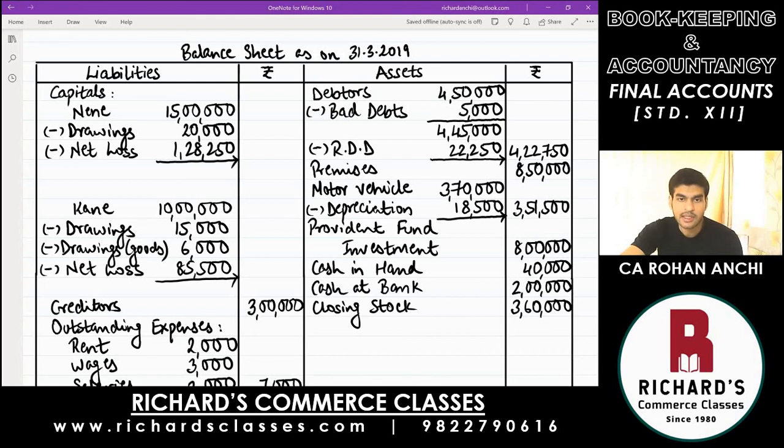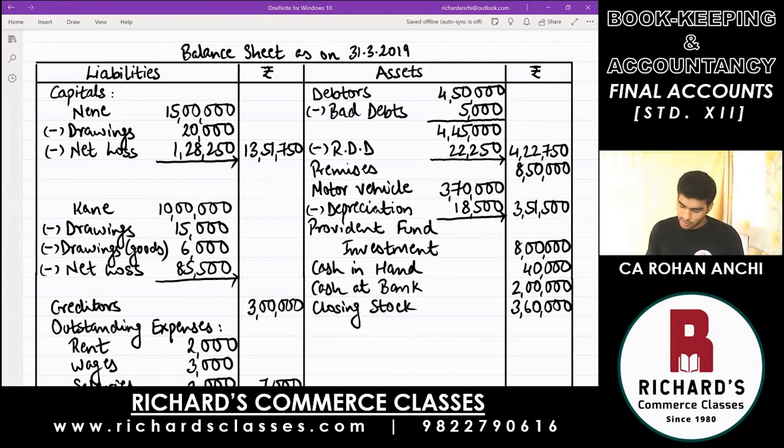You deduct and tell me capital in the outer column. So, 13,51,750. Yes, sir. Okay.